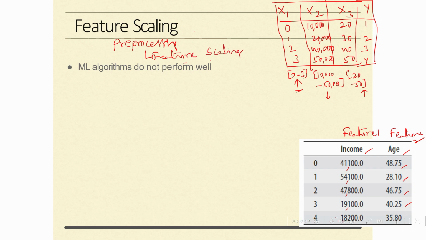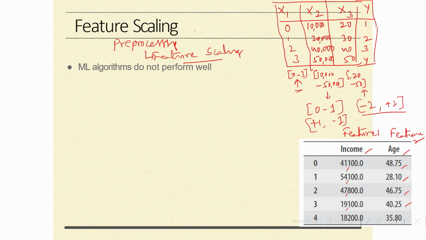Based on feature scaling, we convert all the feature values into some range, between 0 to 1, or minus 1 to plus 1, or minus 2 to plus 2, like that. All the feature values are converted into a certain range. Simply, that process is called feature scaling. After performing feature scaling, we apply our machine learning algorithm on the scaled data set, and it will give better results.